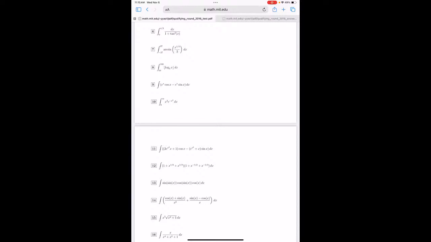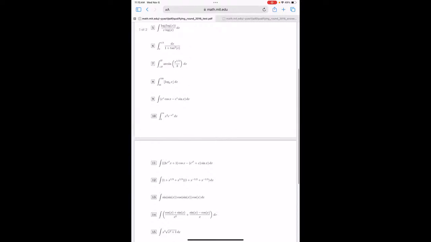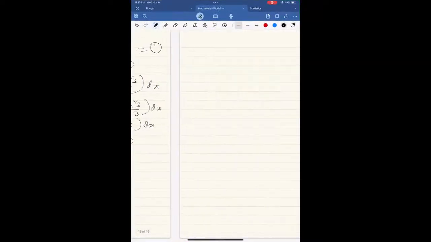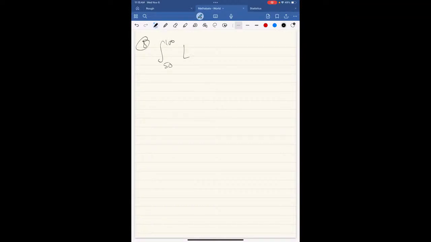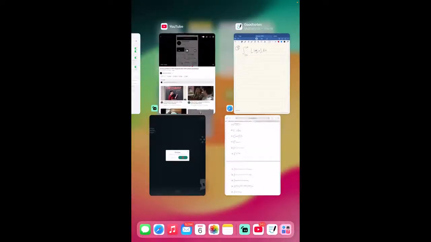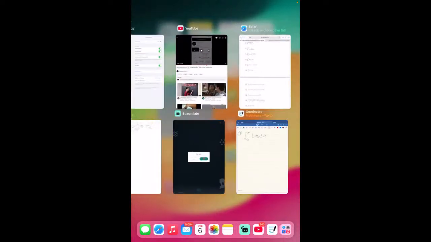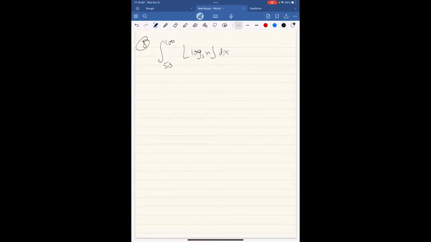Now the next one is number 8. Integral from 50 to 100 of g of log 2x dx. This is it, right? Definitely, because this is a complicated function, we will first make use of substitution, that u is log 2 of x, so as to simplify it.